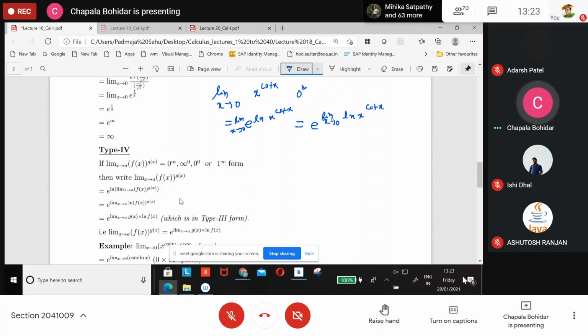I can write down this, limit x tends to 0, cot x ln x. I can write down this way.